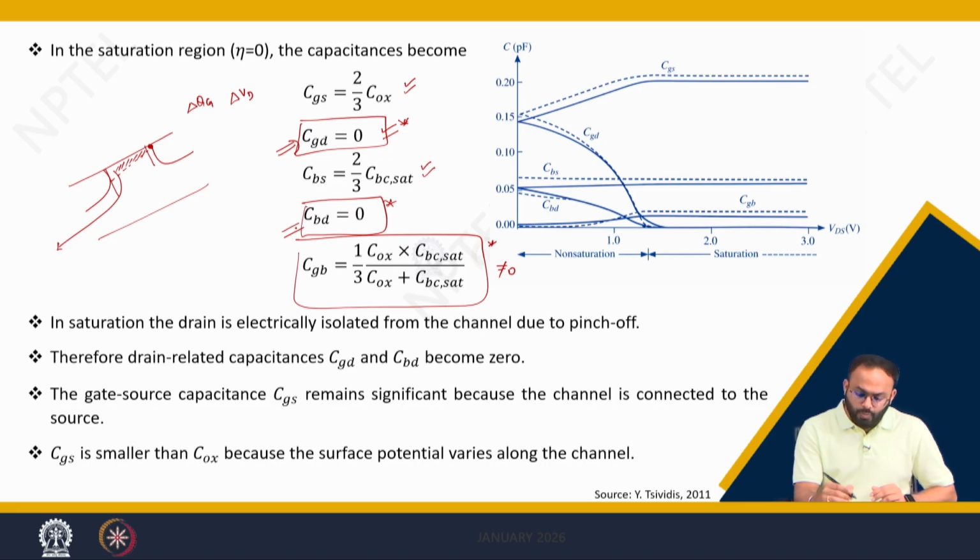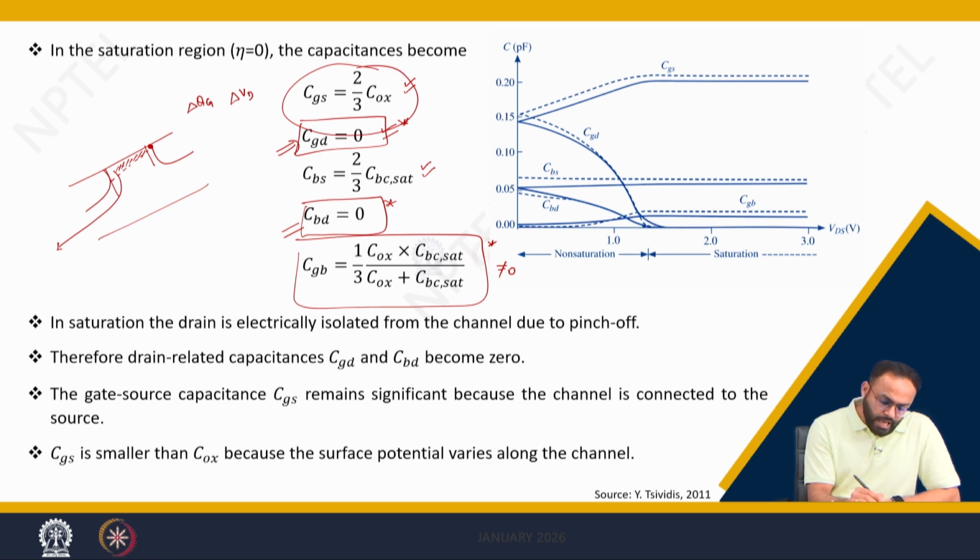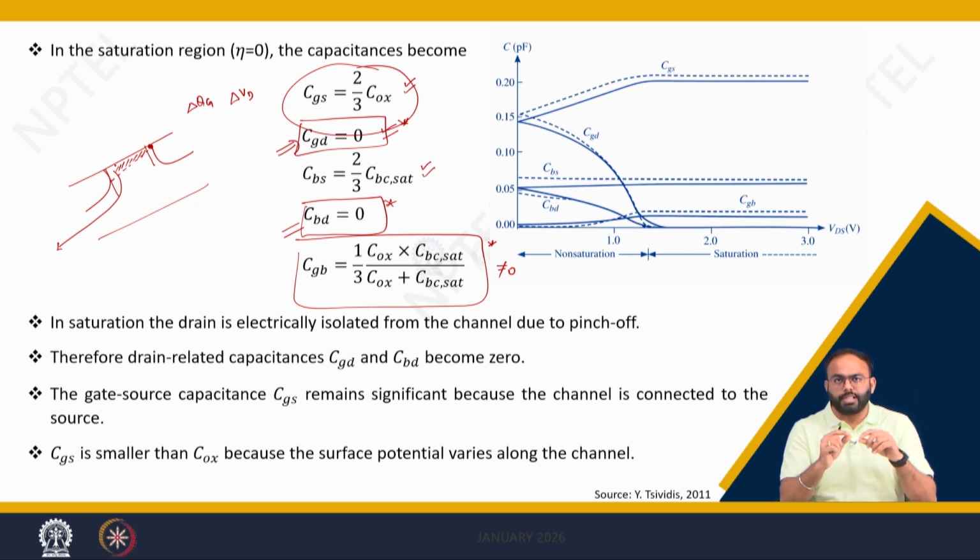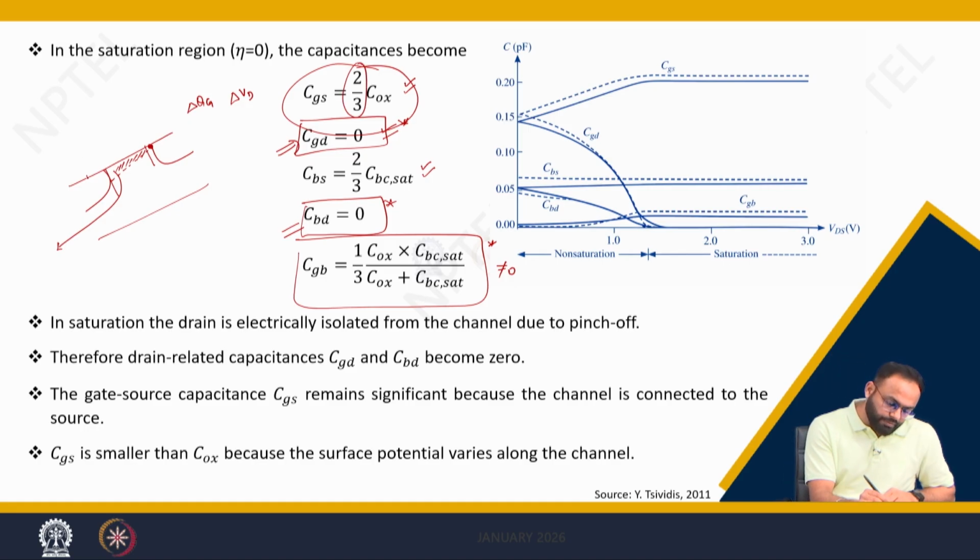Now why is CGS 2 by 3 of COX? Why not the complete COX? Because in our previous theory we said that the inversion layer is like a metal, like a thickness of the charges. If we consider the metal thickness, then there is no question of 2 by 3. But this is not the case. When you are increasing VS, what will happen? The surface potential will increase near the source.